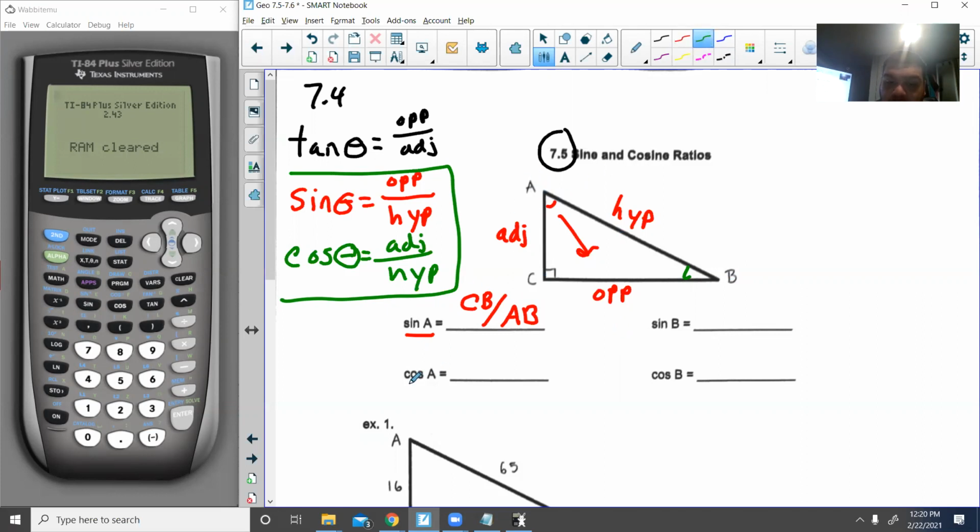The cosine of A, which is what's next to A, what's adjacent to A, AC over the hypotenuse, which never changes. It's always across the right angle, AB.